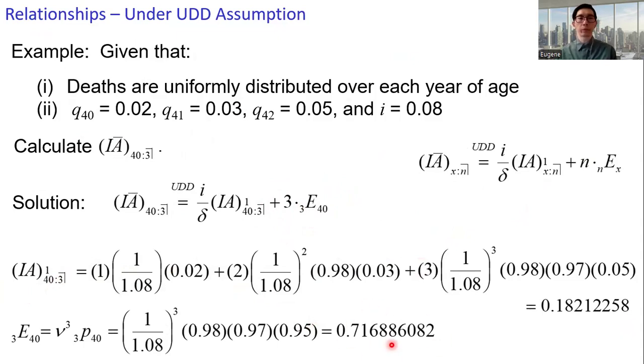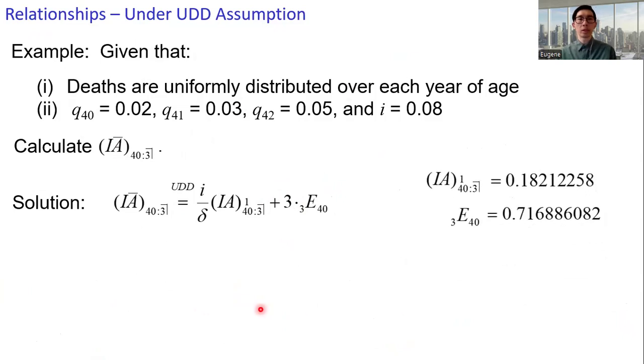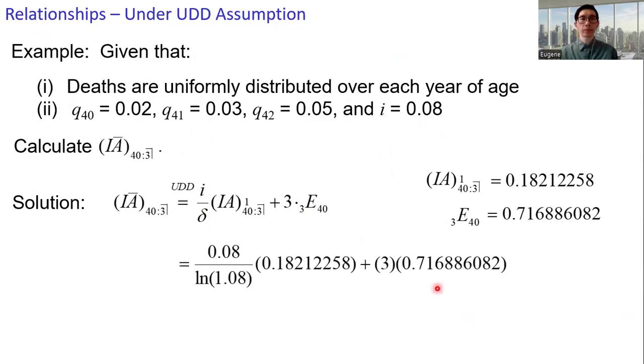We get its value. 3p40 equals p40 times p41 times p42. We get all the quantities, and we can do the calculation. i is 8%, 0.08. And then we get the answer, 2.339972.